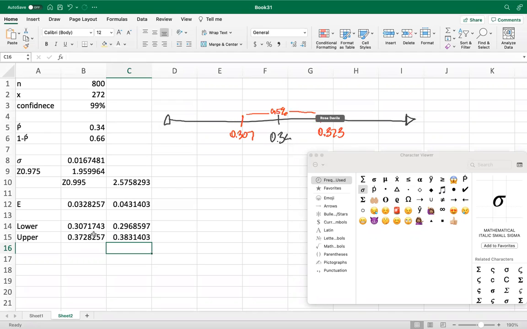And for our 99% level of confidence, we went further out to the left, 0.2968, so 0.297 here. And we went out this way, 0.383. So here we have our 99% level of confidence.